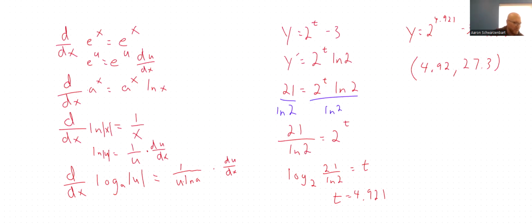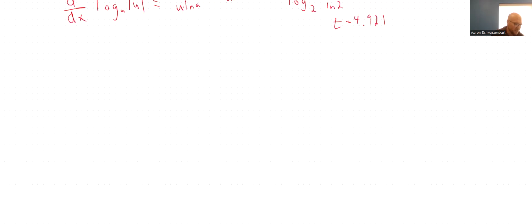Example 3 asks me, a line with slope m passes through the origin and is tangent to the graph y equals ln x. What is the value of m? So it's tangent, that means I need the equation for the tangent line.